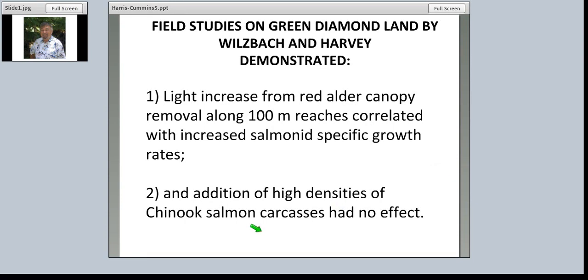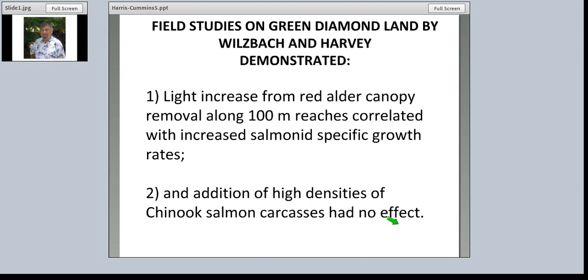The conventional wisdom in this area is that one of the problems with the loss of salmon migration was the mechanism by which marine nutrients were returned to the headwaters by the salmon coming back from growing up in the ocean and dying in the streams.